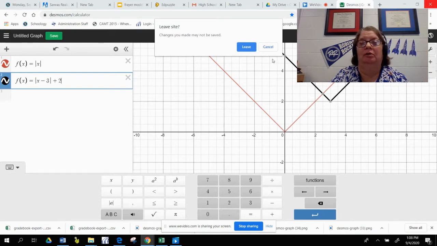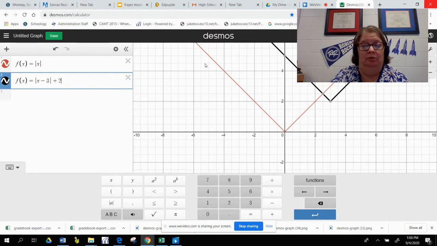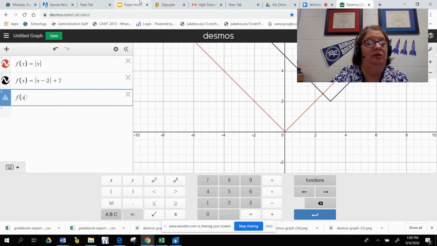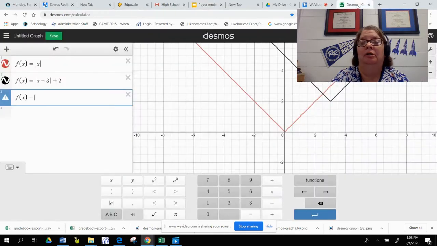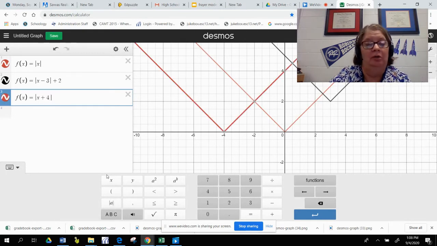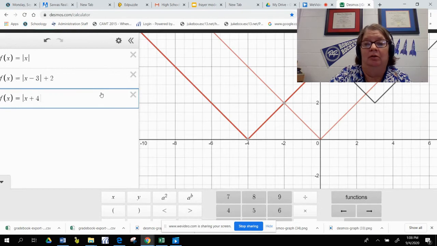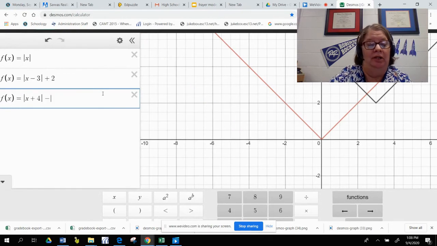Let's try another one. F of x equals, if you were in the class, I would let you be calling out the numbers. Absolute value, x plus 4 minus 3.